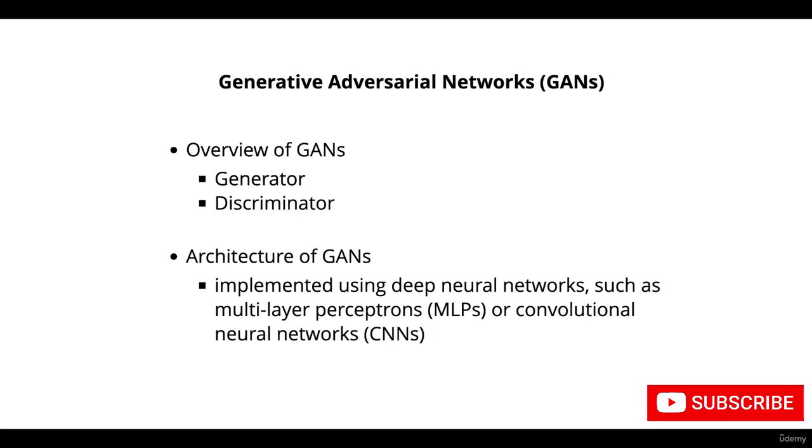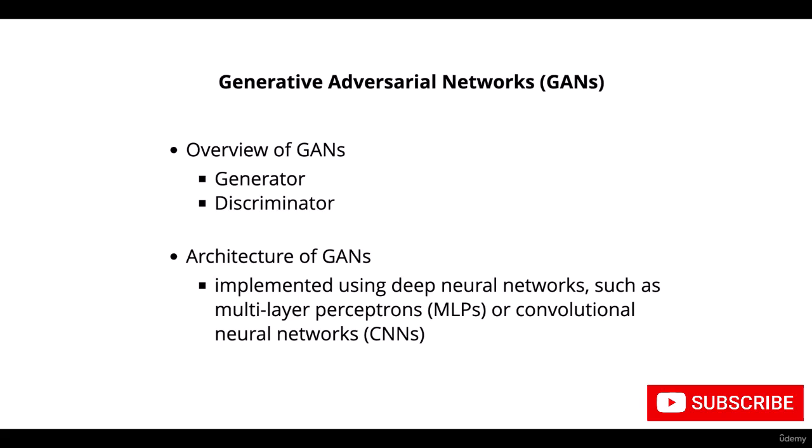The generator generates synthetic data samples from random noise. The discriminator evaluates whether a given sample is real from the training data or fake generated by the generator. The generator and discriminator are trained simultaneously through adversarial training. That's why it's called generative adversarial networks.